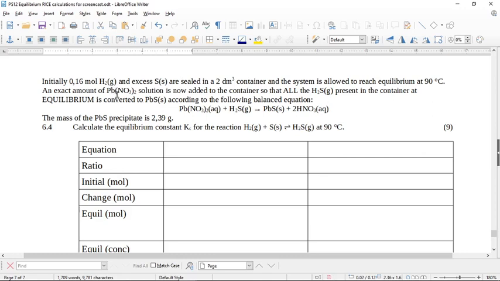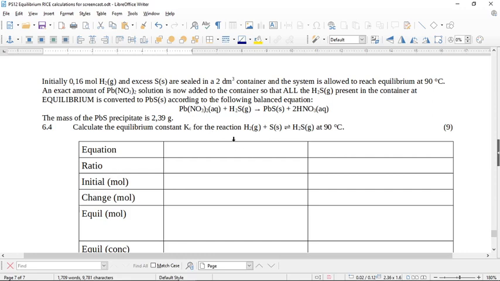An exact amount of lead nitrate solution is now added to the container so that all the hydrogen sulfide gas present at equilibrium is converted to lead sulfide, according to the following balanced equation. Lead nitrate plus hydrogen sulfide goes to lead sulfide plus nitric acid. That's interesting. The mass of the lead sulfide precipitate is 2.39 grams. Calculate the equilibrium constant for this reversible reaction.